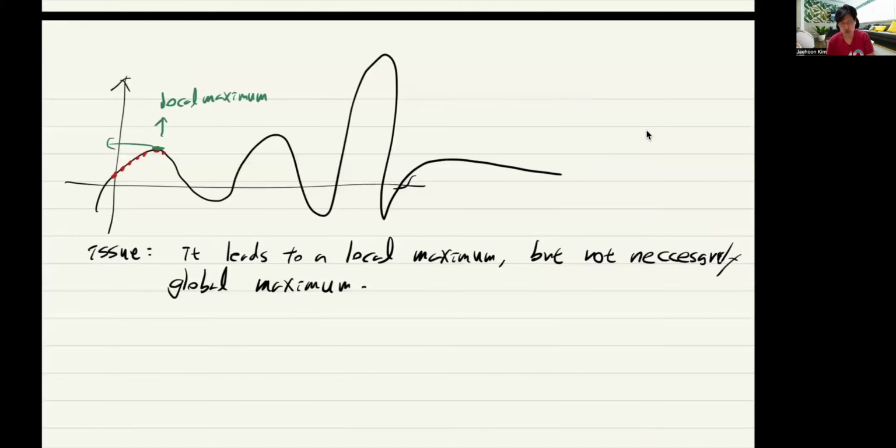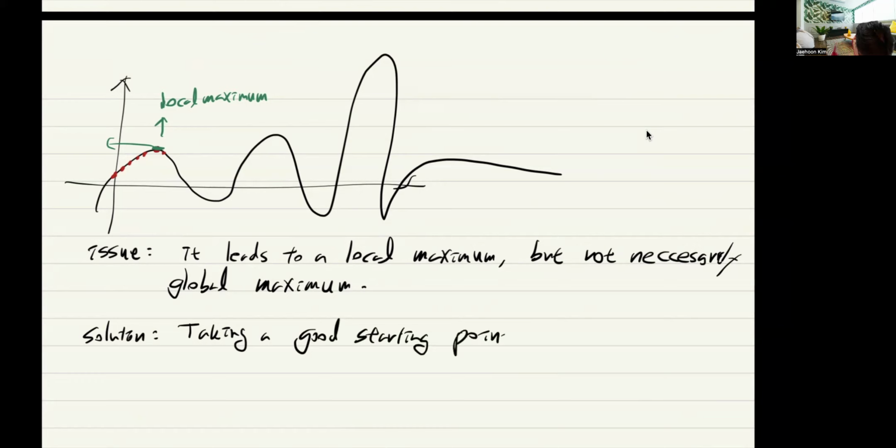So how do we deal with this issue? The way to deal with this issue, a solution, is taking a good starting point. For example, here, let's say this local maximum value is 3, 4, and this is 10.